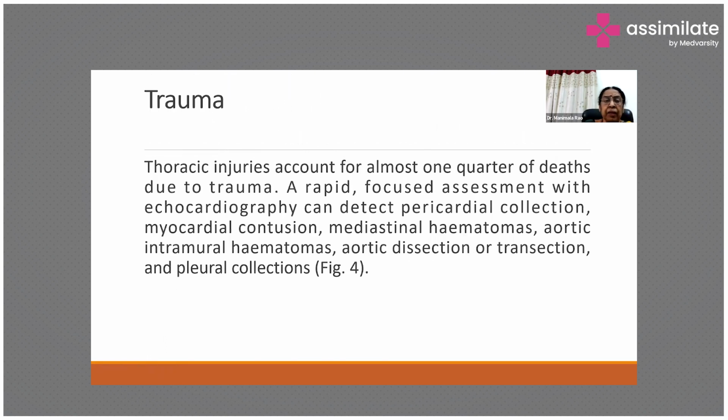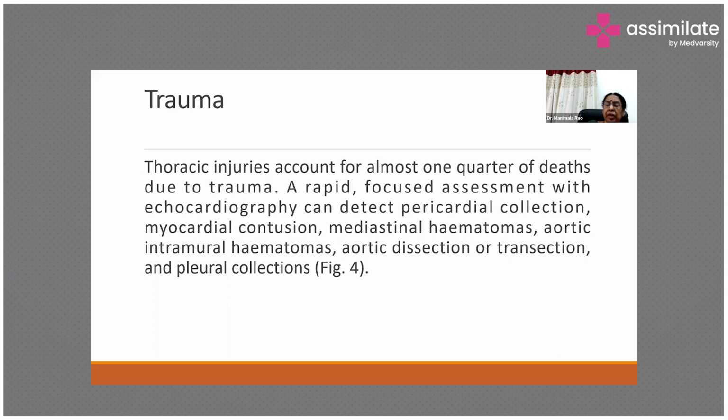Next slide. In trauma, I'm just listing out what all we can look at in echo in the ICU. Thoracic injuries: if you have a RUSH protocol, a FOCUS protocol, very quickly you will assess whether it is in the lung, the heart, the main arteries, or the pericardium.